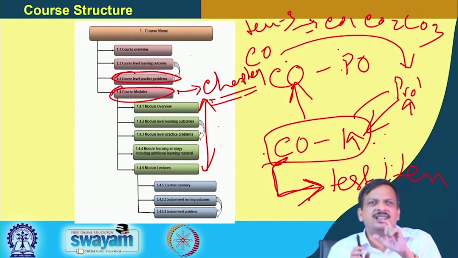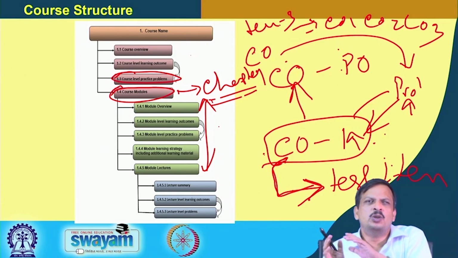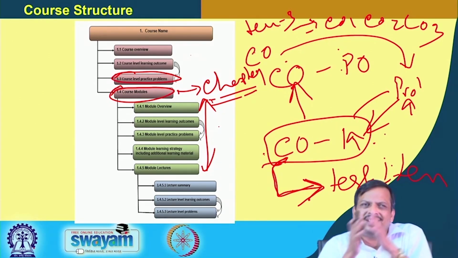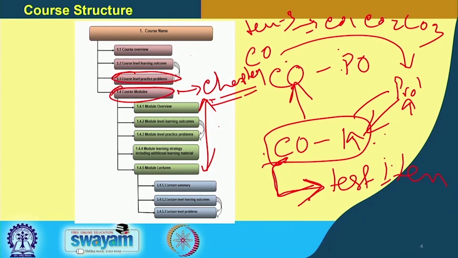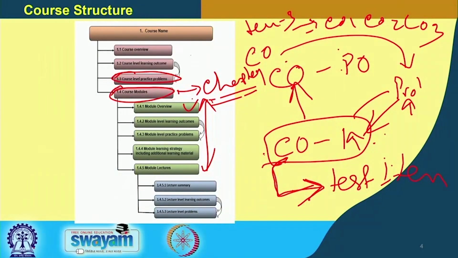I can say a course has a module which is not required for that course. But if I say this module is required for that course, why? Why is this module part of that course? That is one paragraph, and another paragraph is the coverage of the module. That is called module overview.